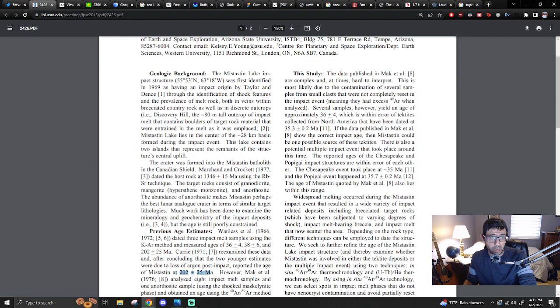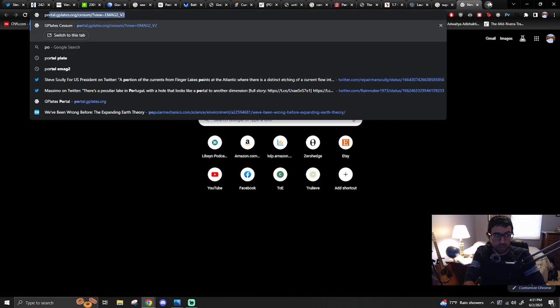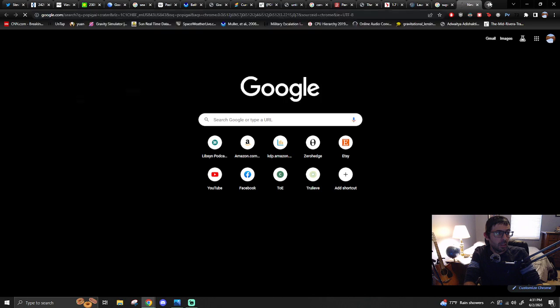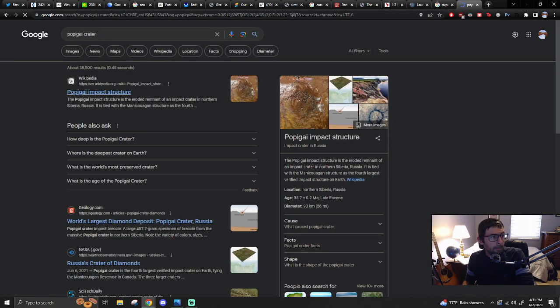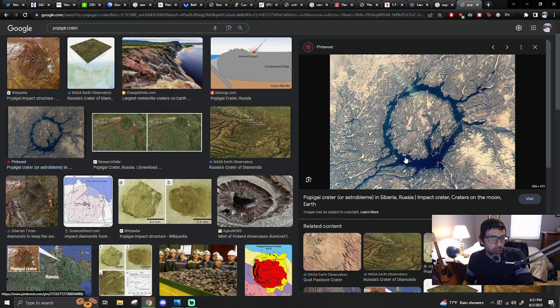We're seeing other impacts, like the Chesapeake, the Papigai, which is elsewhere. It's in Russia, I think. Siberia. Is that it? Let's look at it here.